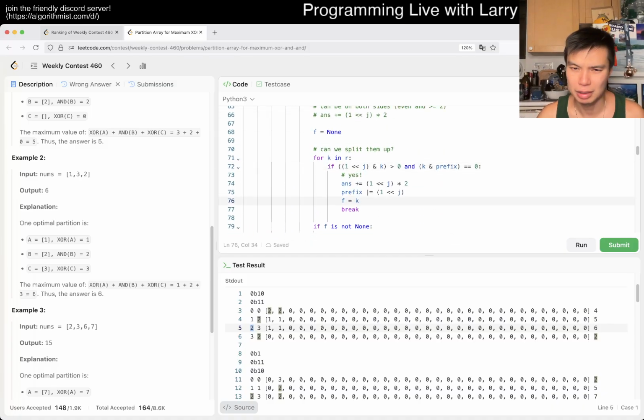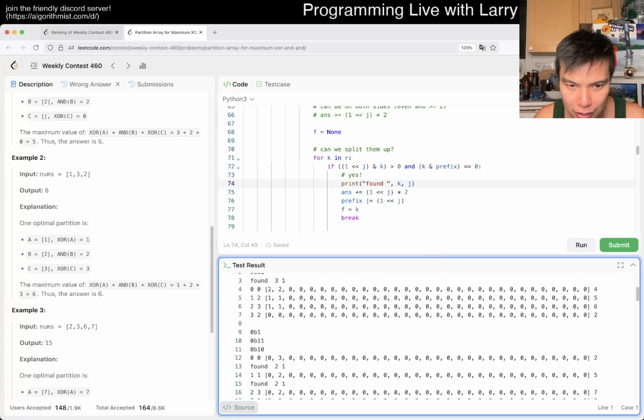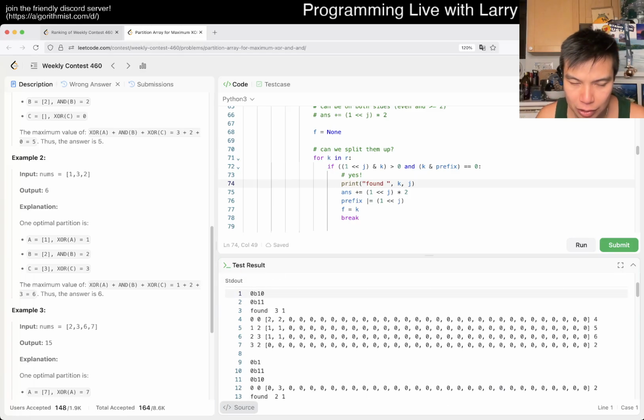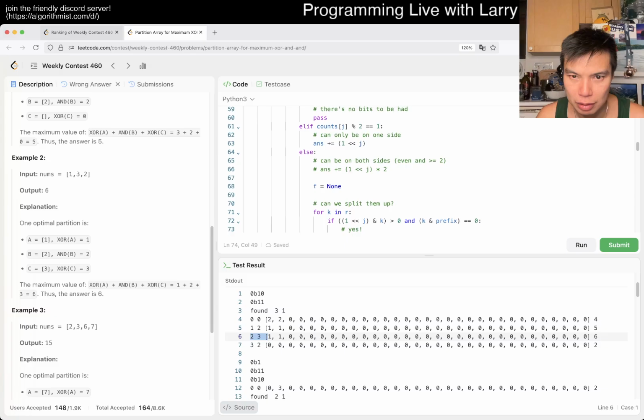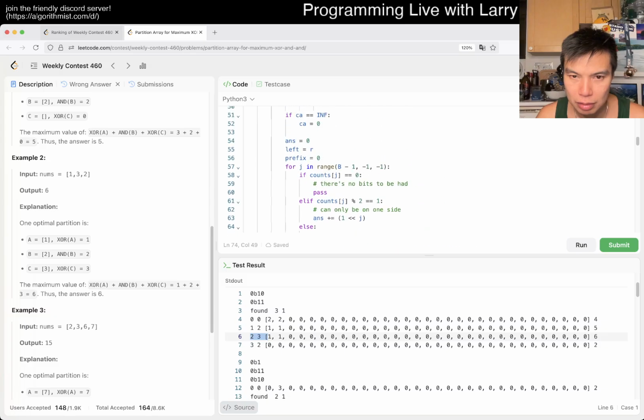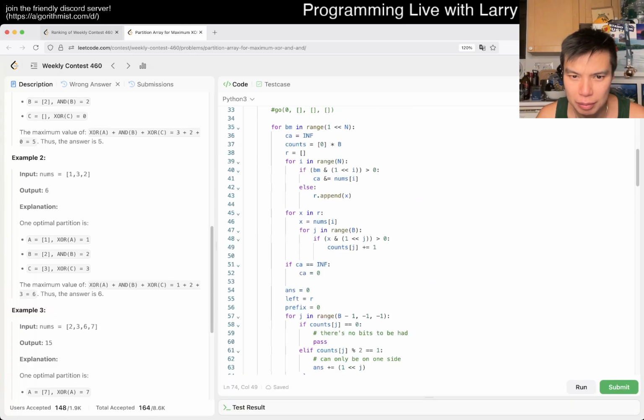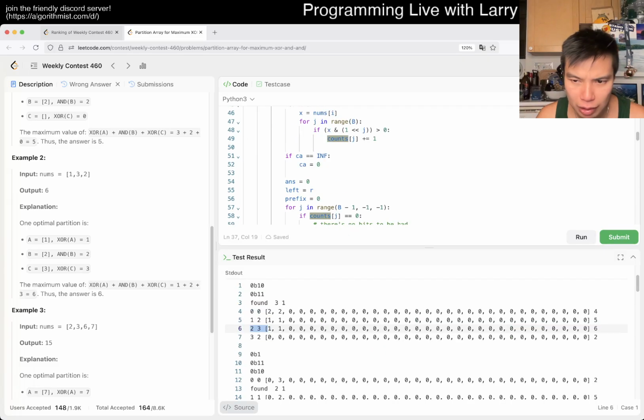Okay, well, let's see. I don't know, just printing something out because I'm really curious. How do you get a 6 then? So there's only 1. Am I messing some odd things up? Oh, counts is right. So why does that give 6?